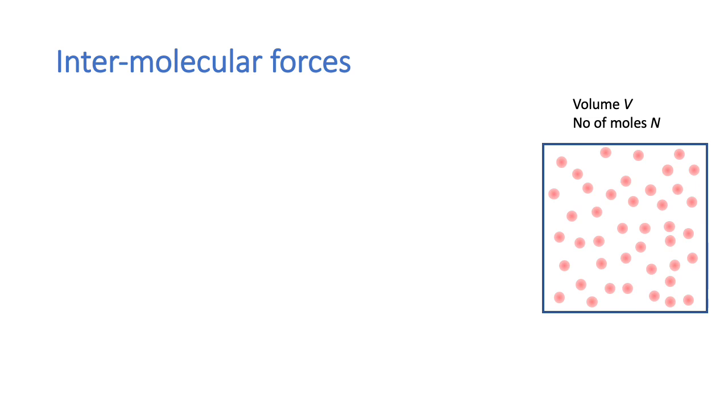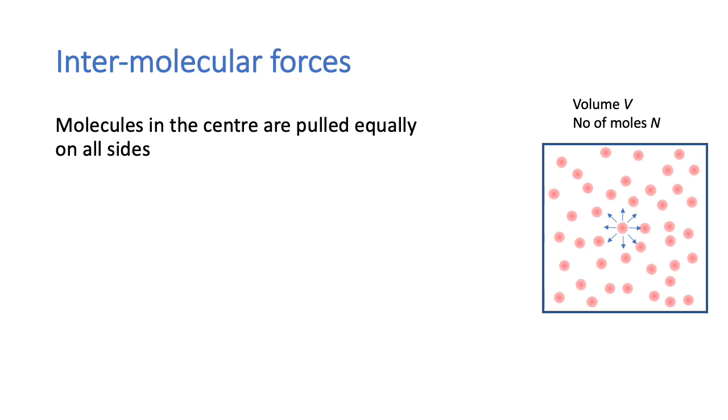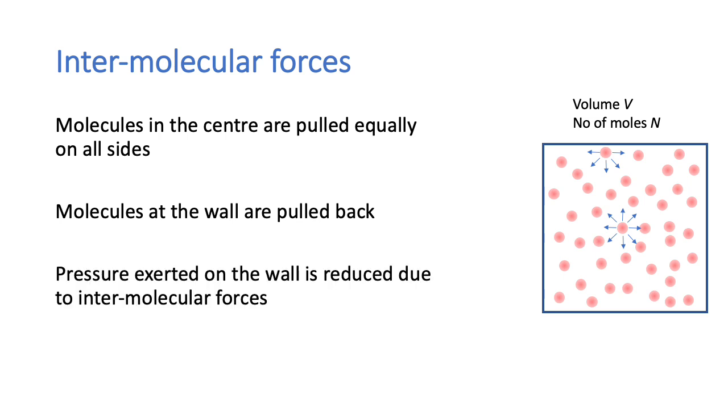Next, we have to account for intermolecular forces. If there's a molecule in the center of the gas, it is pulled equally by other molecules on all sides, so the net force is going to be 0. If there's a molecule which is close to the wall, then it is only pulled back by the other molecules. So the force is not uniform, but in one direction, pulling it away from the wall. The pressure exerted on the wall by the collision of the molecules is therefore reduced due to intermolecular forces.